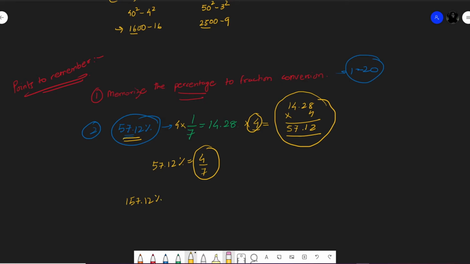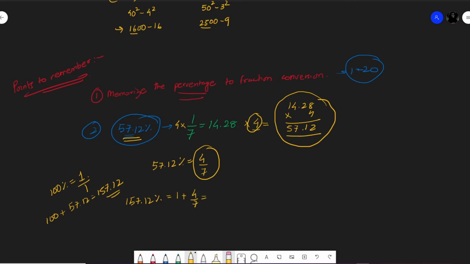Now if it is given 157.12 percentage, what will be the fraction counterpart? It's simple. We know that 100% equals 1. In fraction, 100% equals 1. So we will just add 1 plus 4 by 7, right? Because 100 plus 57.12 equals 157.12, right?